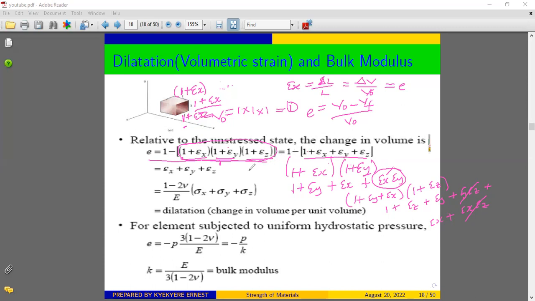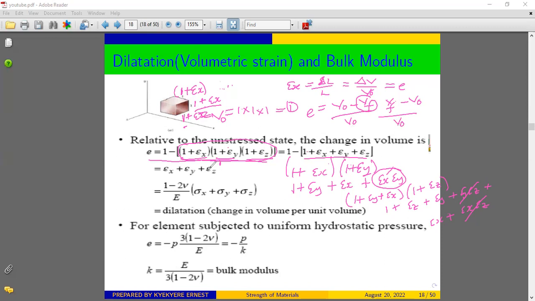So because we said there is going to be compression, if the forces are compressing this, then the final volume is going to be smaller than the initial volume. If they are in tension, then the final volume is going to be higher than the initial volume. So the formula would have been like this, all over V0.